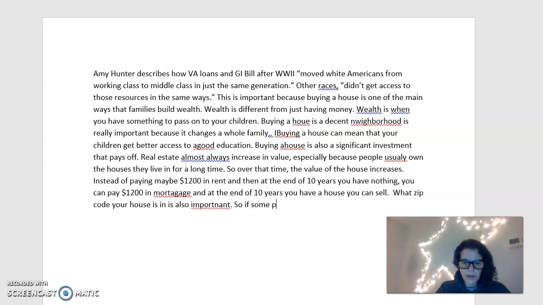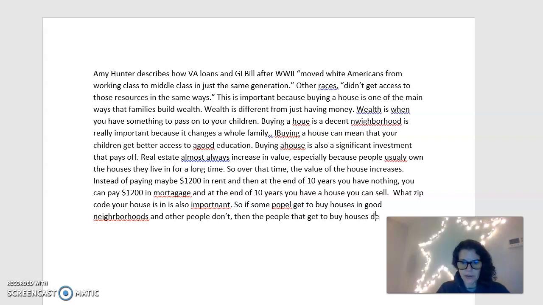So if some people get to buy houses in good neighborhoods, whoa, my typing is just getting worse, and other people don't, then the people that get to buy houses definitely have a big advantage economically.